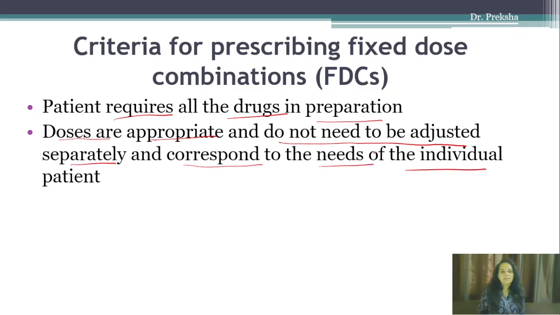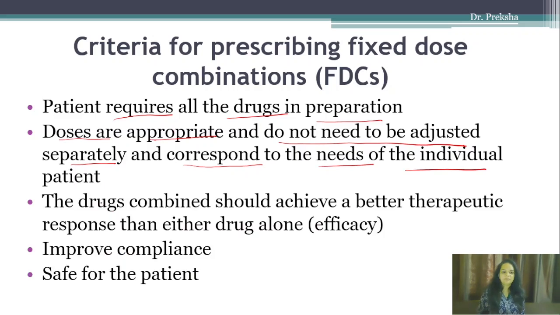That is the second criterion. Next, the drugs combined should achieve a better therapeutic response than either drug alone. So it should be effective. The efficacy of this combination should be superior to the single drug alone. It should also improve the compliance of the patient, and at the same time it should be safe for the patient. So these are the criteria for prescribing fixed dose combinations.